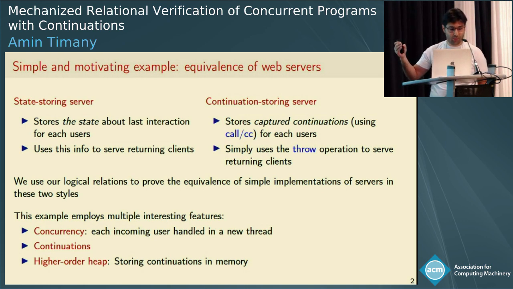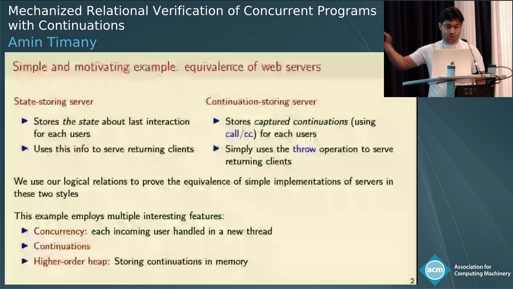One is that the server actually stores some information about this past interaction, and when the returning client comes, uses that information to respond. The other is that whenever the server is sending something to the client, it can take the continuation of the program running on the server, store it, and whenever the client comes back, just start running the continuation again, right?